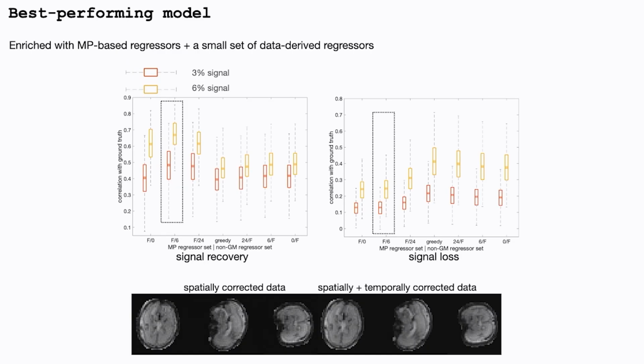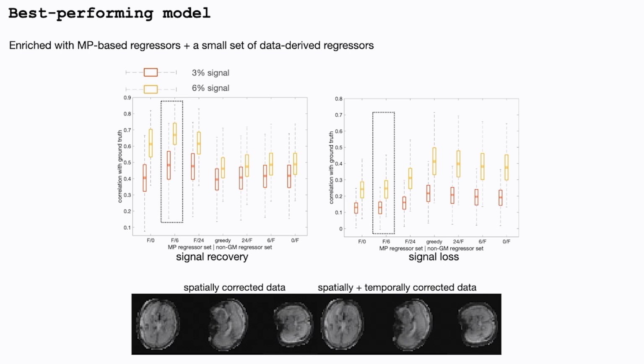And the resulting best-performing model turned out to be enriched with motion-based parameters and a small set of data-derived regressors. It outperforms other models with respect to signal recovery, which is on the left here, where the bigger number is better. And also it's preserving signal loss, which is shown on the right, where a smaller value is better.